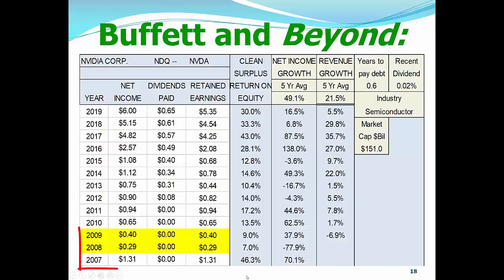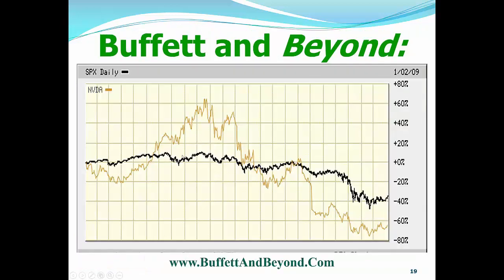Let us look at these numbers back in here again, back in 2007, then we went into recession, 2008, and 2009. And let us go to a chart, and this is 2007 and 2008. And this is October of 2007. And folks, this stock broke before the market did. You could see the market was going along, came down again, and then went flat.